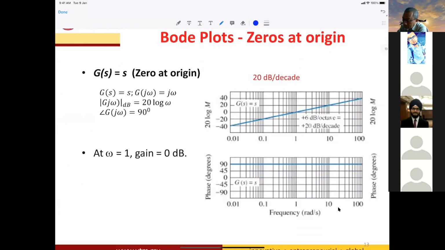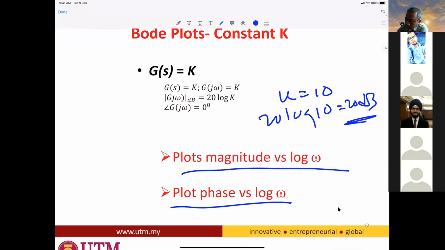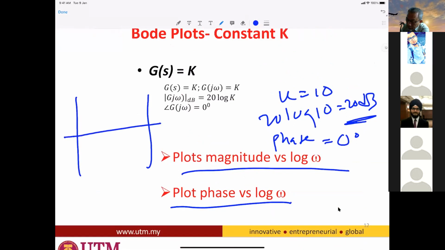So it is a constant, and the phase is 0 degrees. The plot, omega, dB, degree.